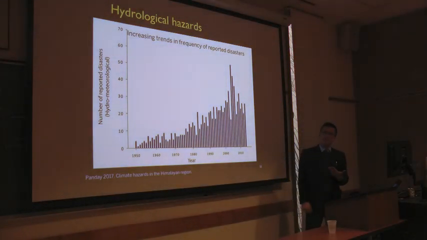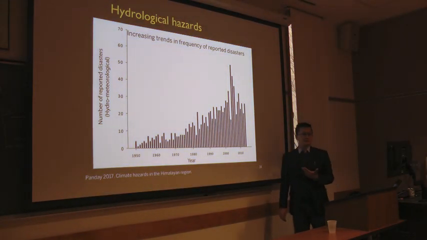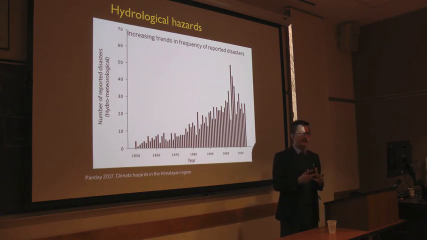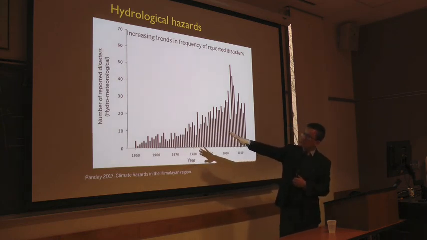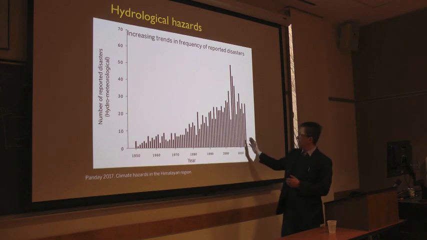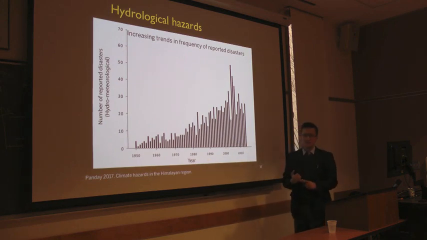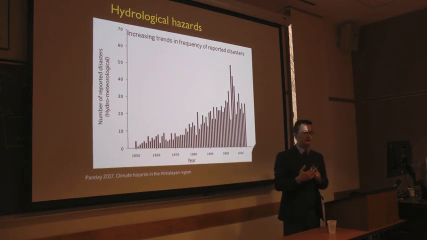This is the emergency events database, a catalog of hydrometeorological disasters that have occurred globally, particularly in the South Asia region. I compiled all of the reported events from 1950 up until the present, including flooding, landslides, and all of the hydrological and meteorological events.